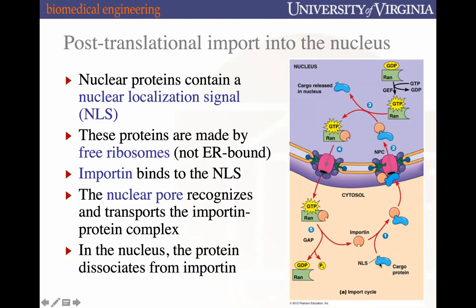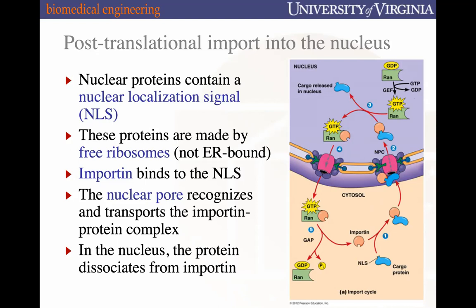And now this NLS-possessing protein, which serves as a cargo, will move with importin down its concentration gradient through the NPC, the nuclear pore complex. It's these really large macromolecular protein complexes that help regulate what moves in and out of the nucleus. So importin with its cargo protein that has the NLS will ride down the concentration gradient into the nucleus across the NPC.